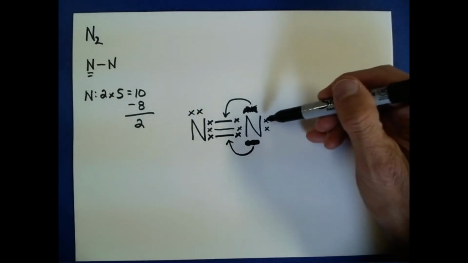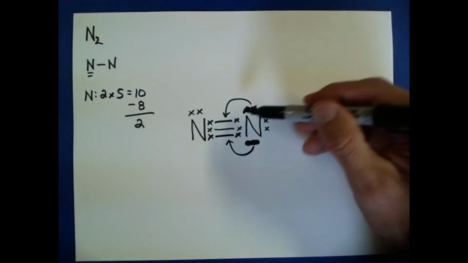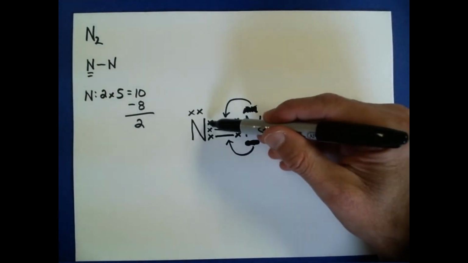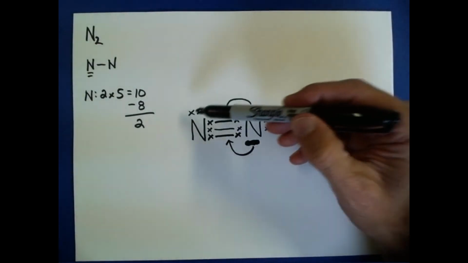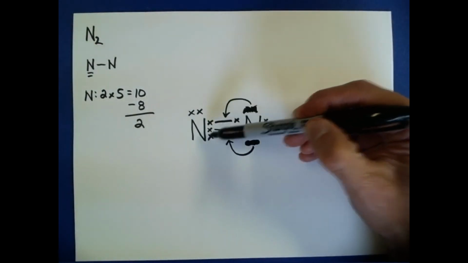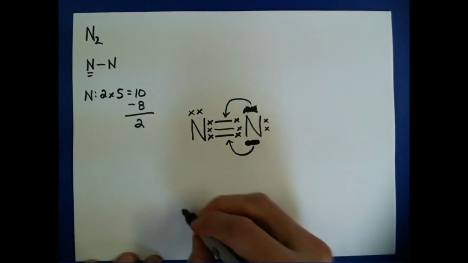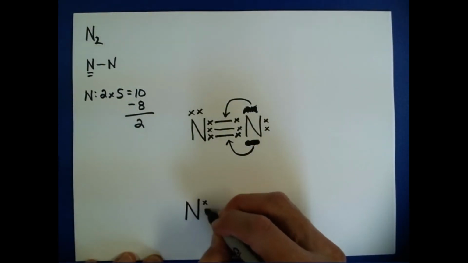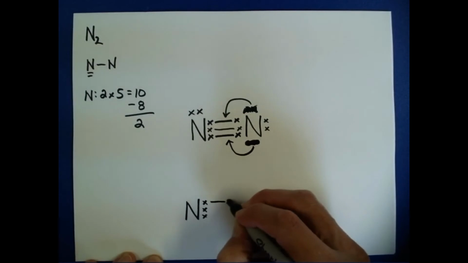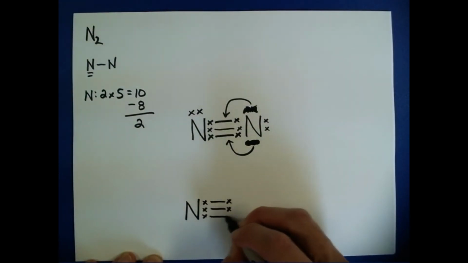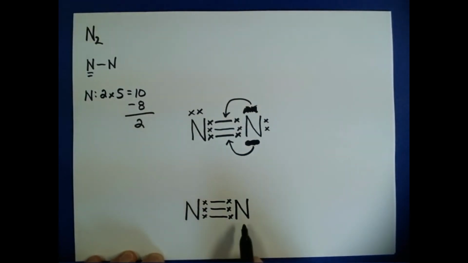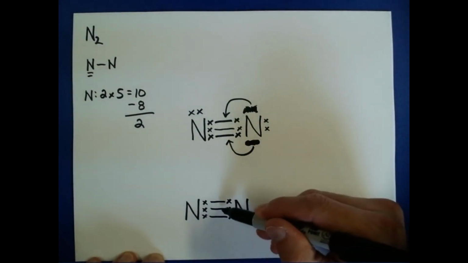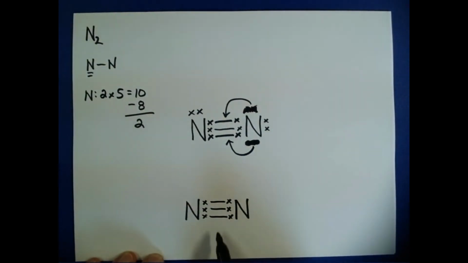Well, this atom feels like it has 1, 2, 3, 4, 5, 6, 7, 8 valence electrons. And sure enough, so does this one. 1, 2, 3, 4, 5, 6, 7, 8. And so we'd write the Lewis structure for N2, like I showed before in a previous video, to be 2 nitrogen atoms triply bonded with 1, 2, 3 bond pairs between each atom.